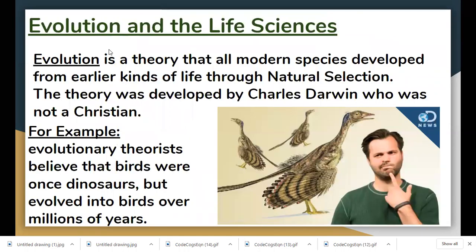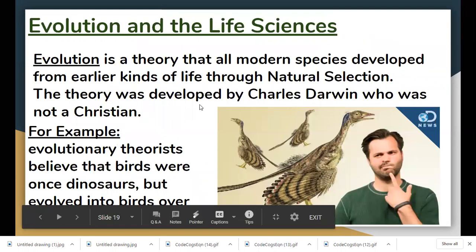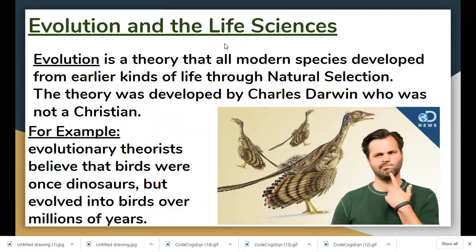Evolution and the life sciences. Evolution is a theory that all modern species developed from earlier kinds of life through natural selection. The theory was developed by Charles Darwin, who was not a Christian. So he was not considering God in his thinking process when he developed the theory of evolution.